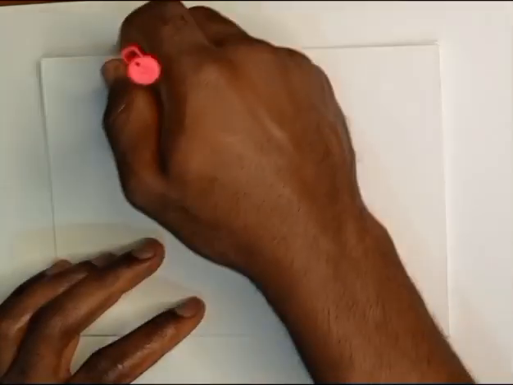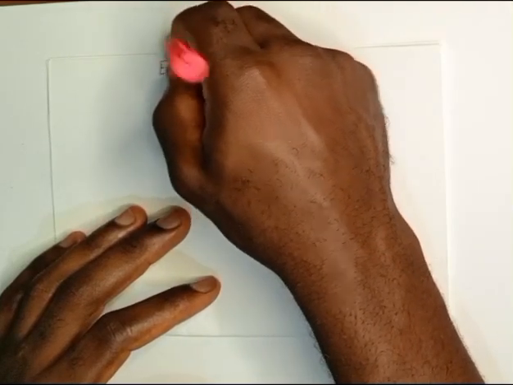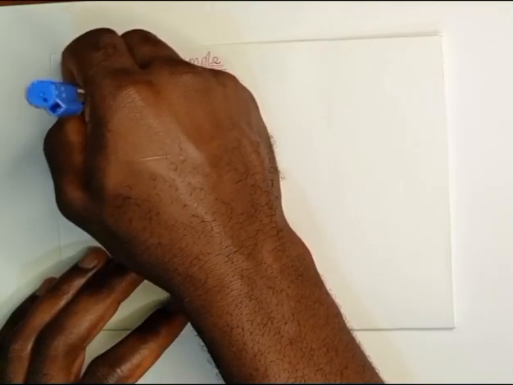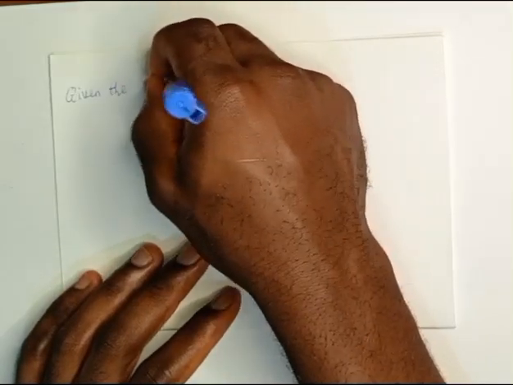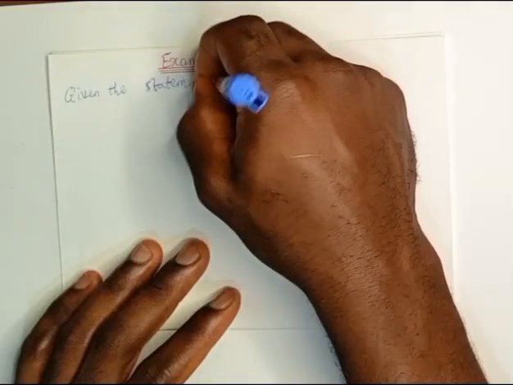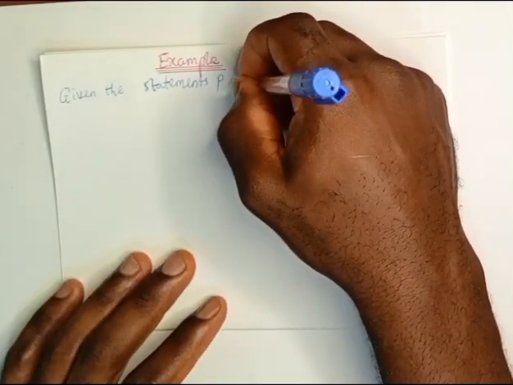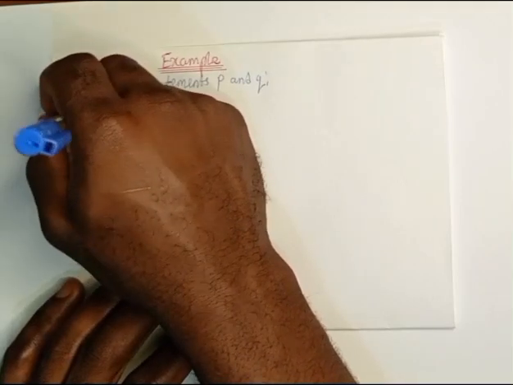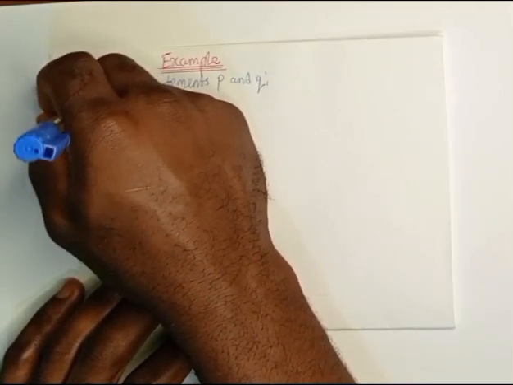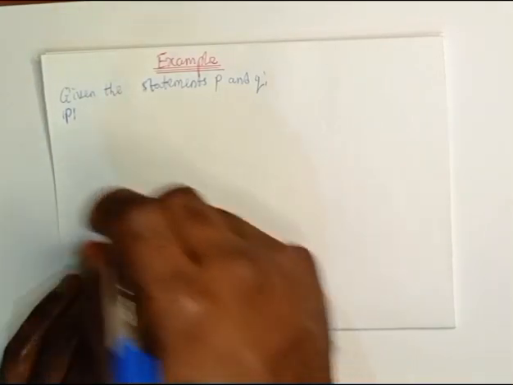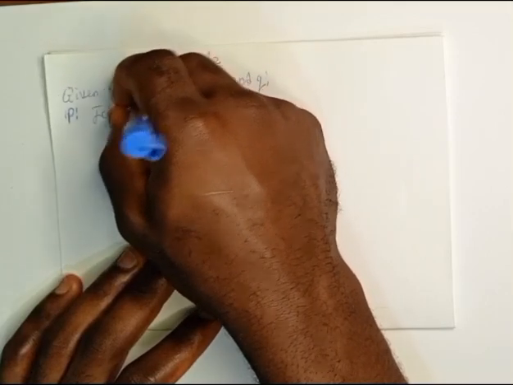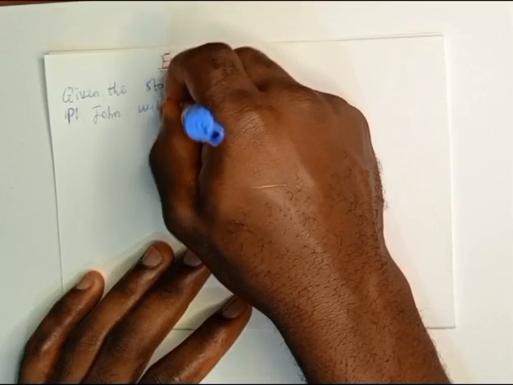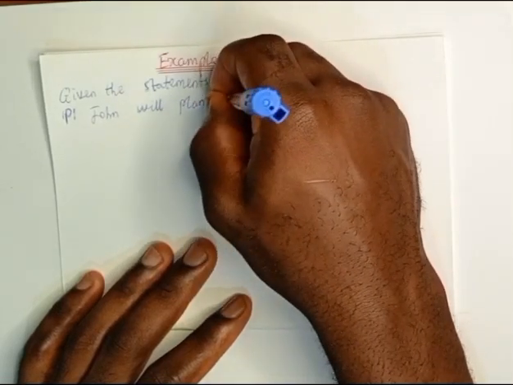We take an example. Given the statements P and Q, the first one P, we have the statement John will plant the crops.